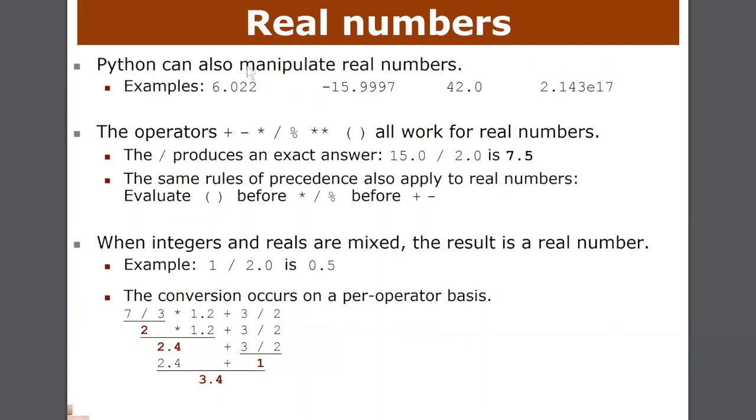So another data type in Python is real numbers. I'm sure you've seen real numbers, basically with decimals, and also negative numbers, very large numbers with 10 to the power of 17, etc. So you can see here 15.0 divided by 2.0 will give you a real number as well in division.